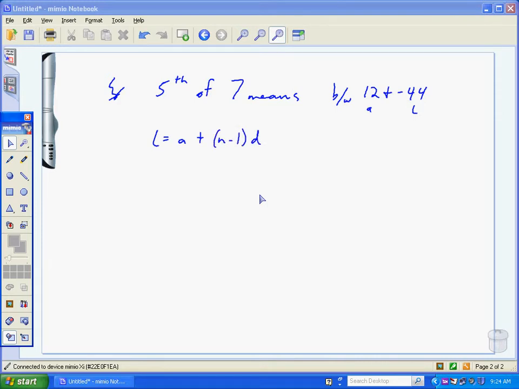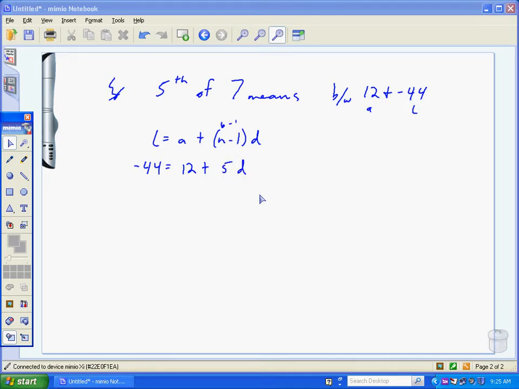I don't know where we're going with this, but we'll see what happens. I get negative 44 equals 12 plus 6, we said, right? Because the fifth mean is actually the sixth term in the lineup. So 6 minus 1 is 5. We don't know the difference now.